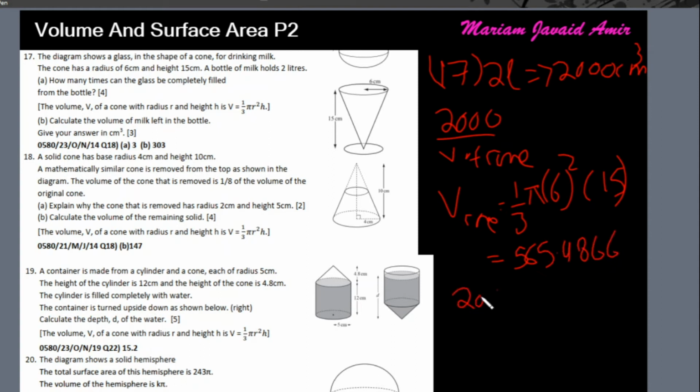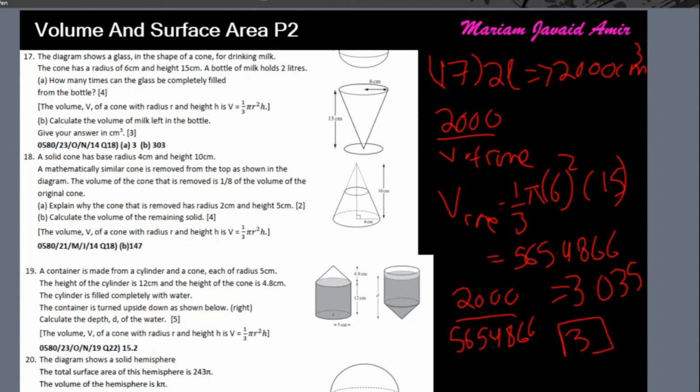Next I'll do 2000 divided by answer. In my calculator I'll do 2000 divided by answer and I get 3.53. But the question is how many times can he fill the glass? So he can fill the glass 3 times only. So how many times can the glass be filled? It can be filled 3 times completely.